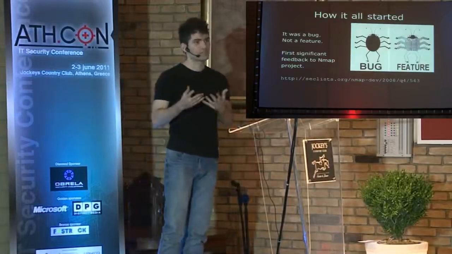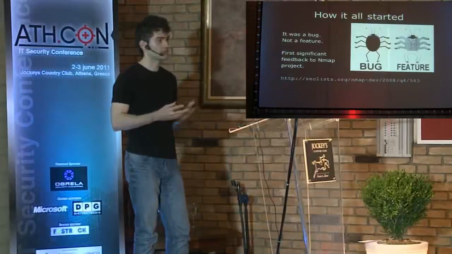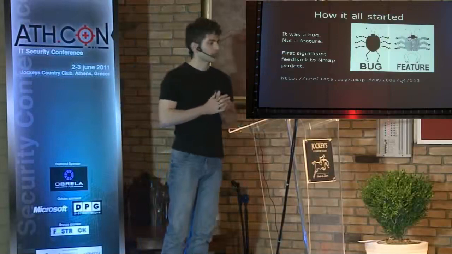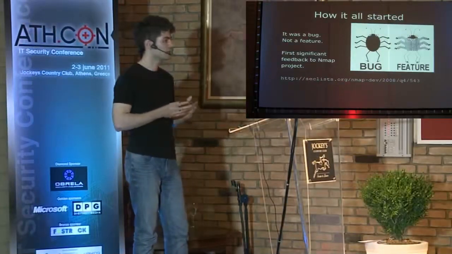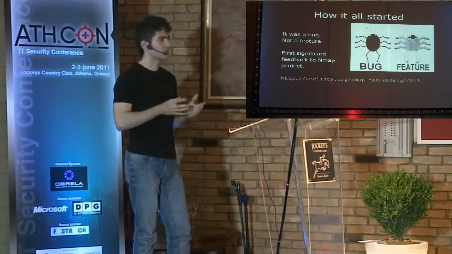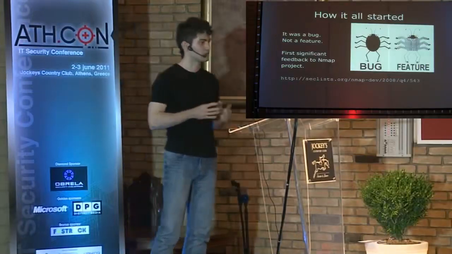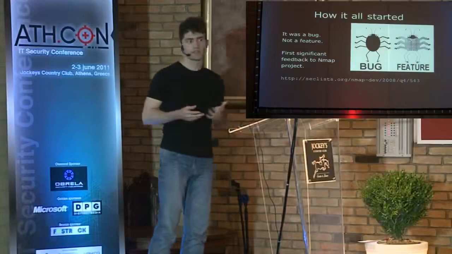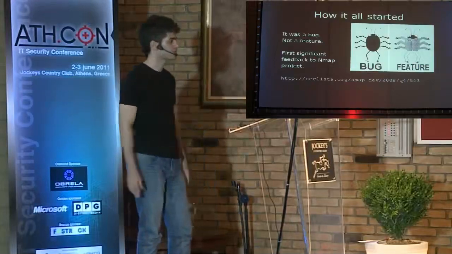So Nmap sends some packets to do its SYN scanning or OS detection and other functionalities. And there were some validation routines that checked if the IP datagram was valid as far as the length is concerned. So I went and applied those basic rules in these validation routines.